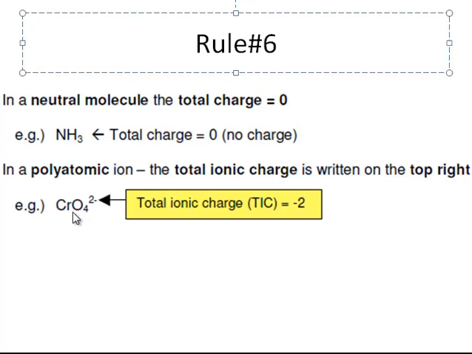In the next slide I'll show you how, if we want to determine the charge on chromium, we can determine that because we know the oxygen is -2, so we use the total ionic charge to determine the charge on chromium.